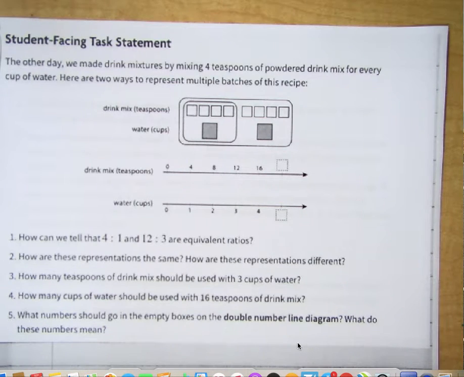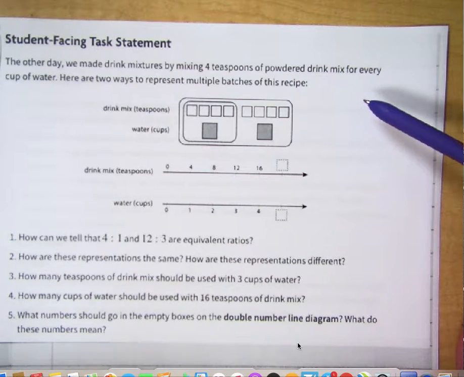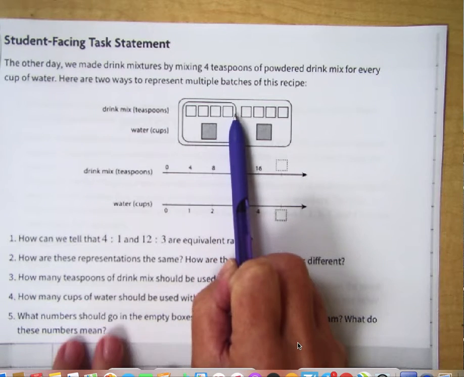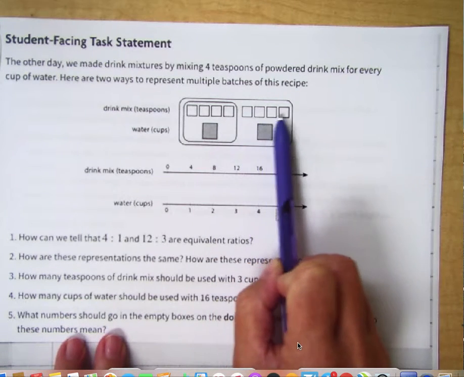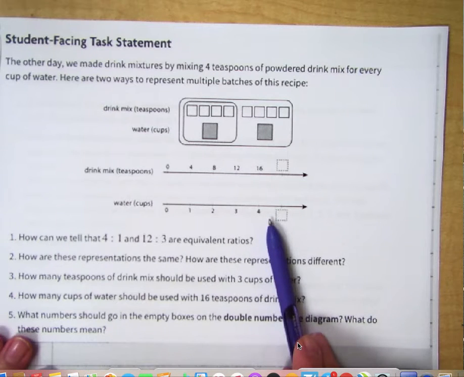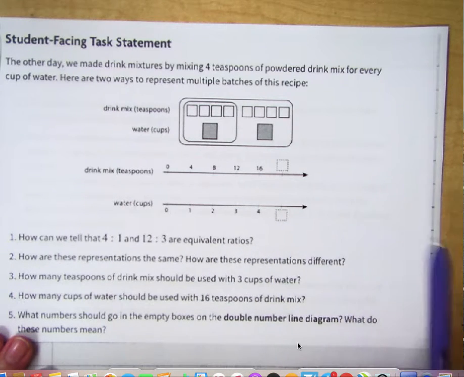All right, so the other day we made drink mixtures by mixing 4 teaspoons of powdered drink mix for every cup of water. Here are 2 ways to represent multiple batches. A cup of water, 4 teaspoons of drink mix, a cup of water, 4 teaspoons of drink mix. So we've got a number line here where we're representing this.